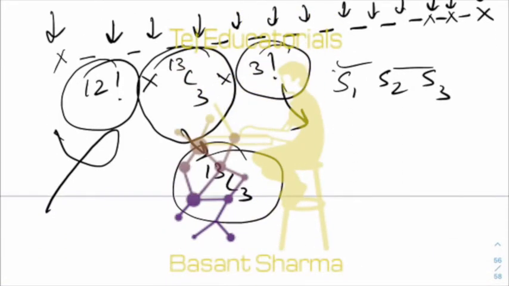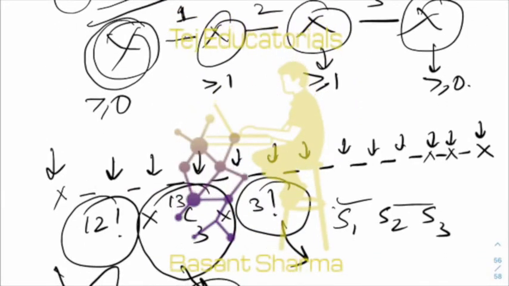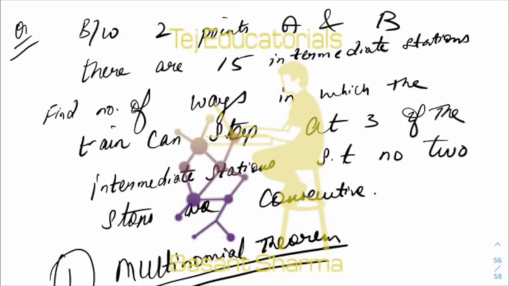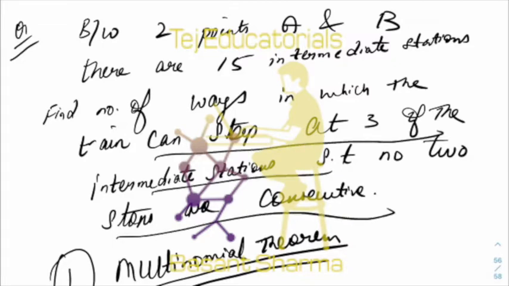As soon as you select 3 gaps out of these 13 gaps available, that is the number of choices you can make. This is the answer: the number of ways in which the train can stop at 3 of the intermediate stations such that no 2 stops are consecutive.